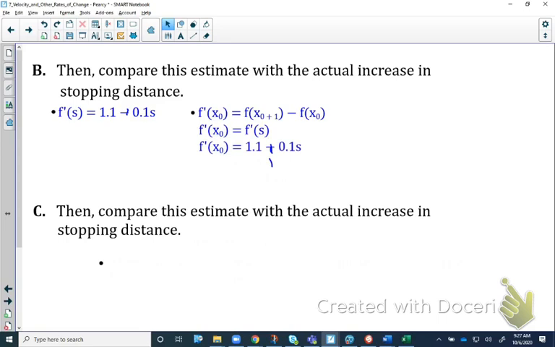Okay, so here, taking my derivative in this case, at 65 we get about 7.6 feet for every mile per hour increase over 65. So the actual increase in stopping distance is 7.6 feet for every mile per hour you're traveling above 65 miles per hour.